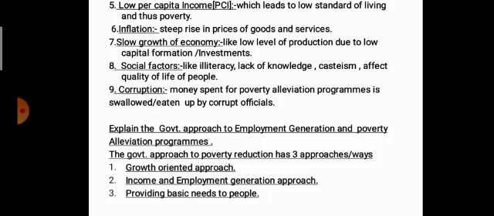To raise the people out of poverty, to uplift the poor people from poverty. Government conducts many poverty alleviation programs which we will see in the next part of the lesson. So government is spending a lot of money on poverty alleviation programs to lift the poor out of poverty, but that is eaten or swallowed up by the corrupt officials. So these are certain reasons that lead to poverty.